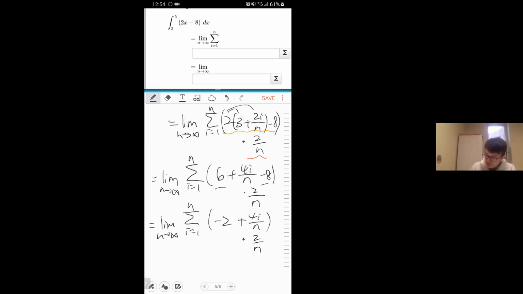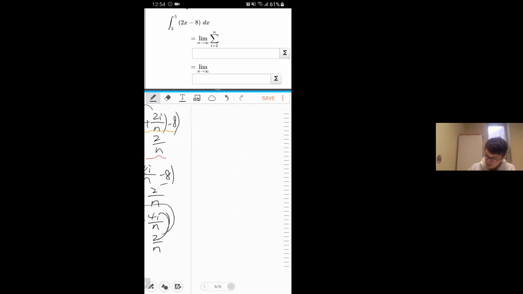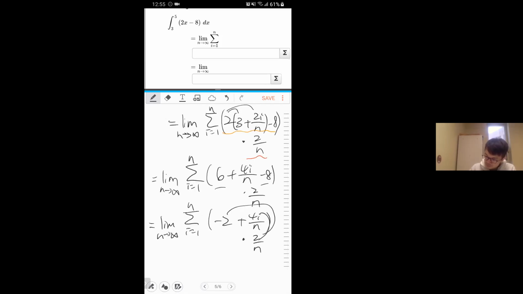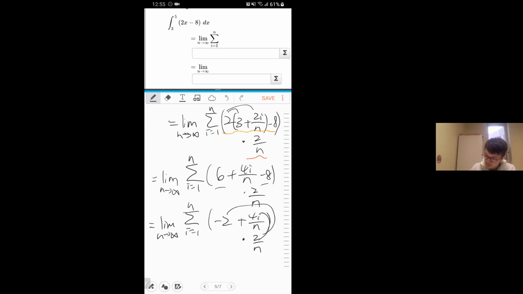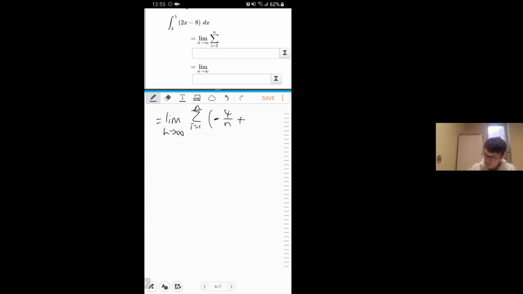And then multiply everything out. So distribute the 2 over n inside the parentheses, you get -4/n plus 8i/n squared. Questions? Yep.